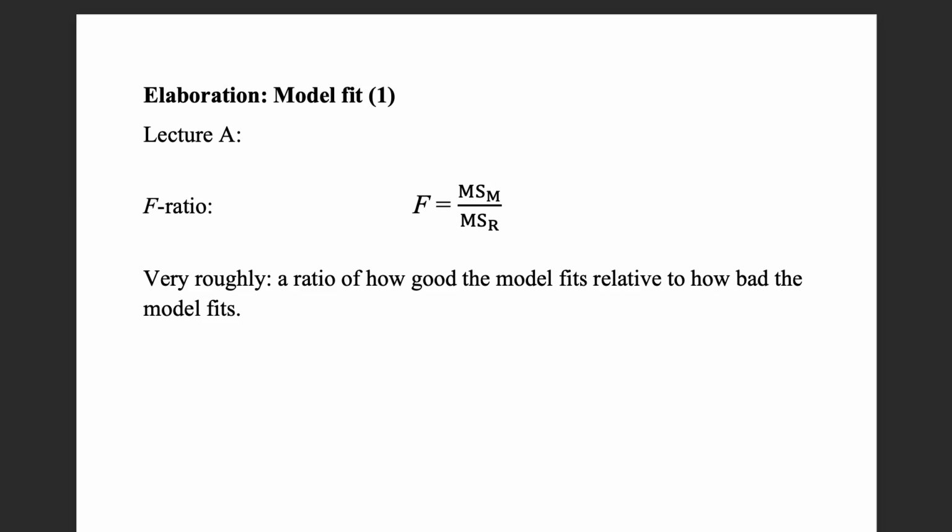And the sum of squares of the residuals, for which again we take the mean sum of squares residuals on the bottom of that fraction, tells you what part of the variation in my dependent variable I'm not able to explain with my model. So basically it is a ratio of how well the model fits relative to how badly the model fits.